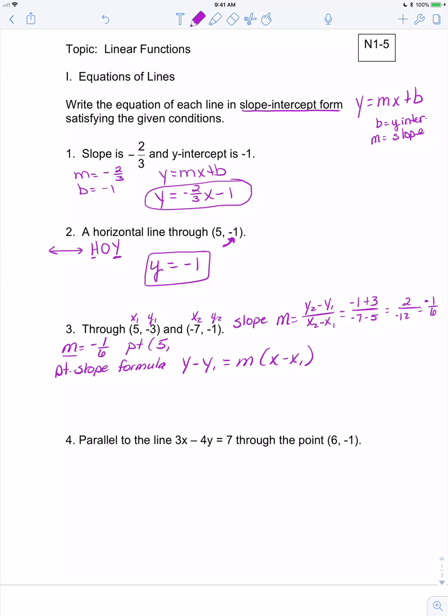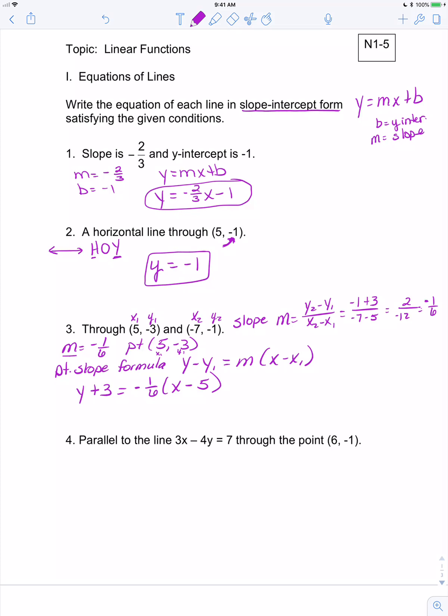I'm just going to choose the 5, negative 3, and that's going to be my x1 and my y1 in that equation. So y minus y1, which is negative 3, so that makes that a positive 3, is equal to m, which is negative 1/6, times x minus x1, which is 5.